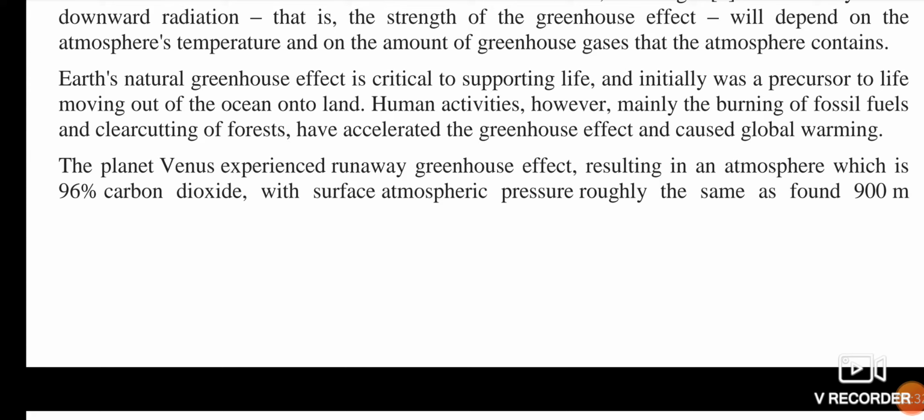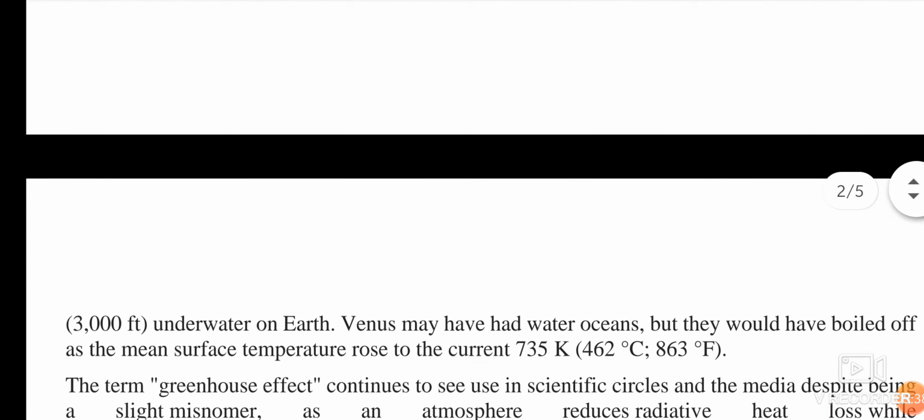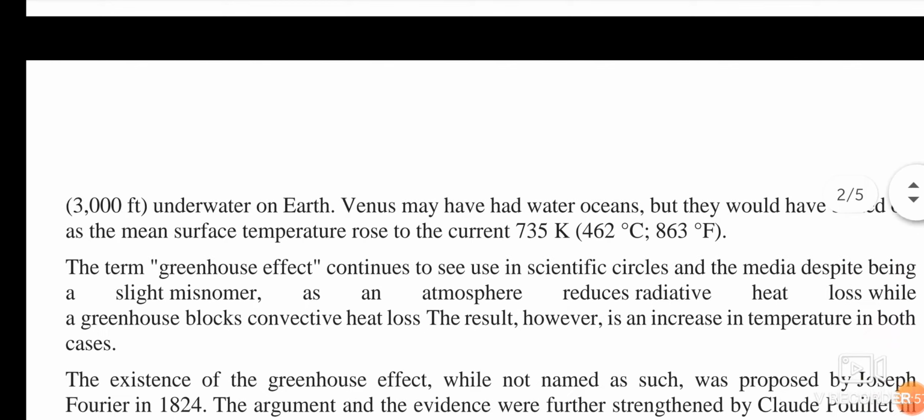surface atmospheric pressure roughly the same as found 900 meter underwater on Earth. Venus may have had water ocean, but they would have boiled off as the mean surface temperature rose to the current 462 degrees centigrade.